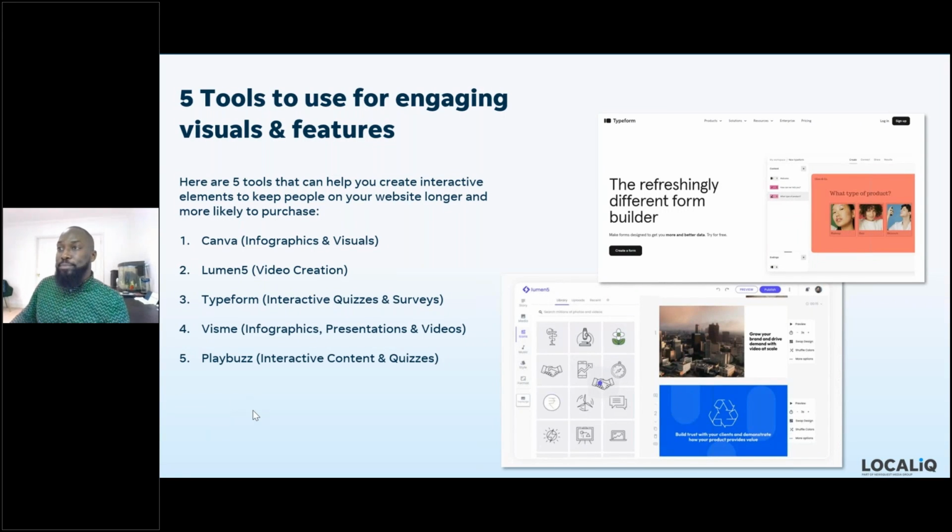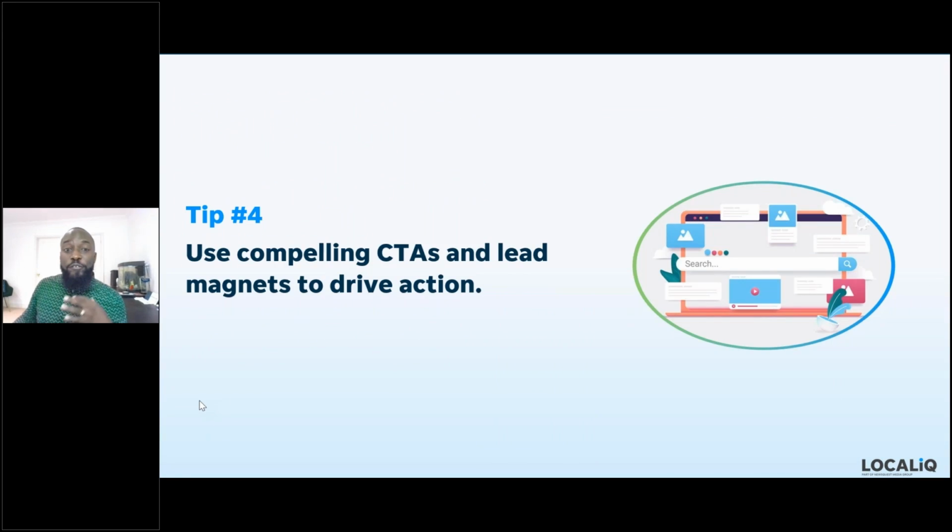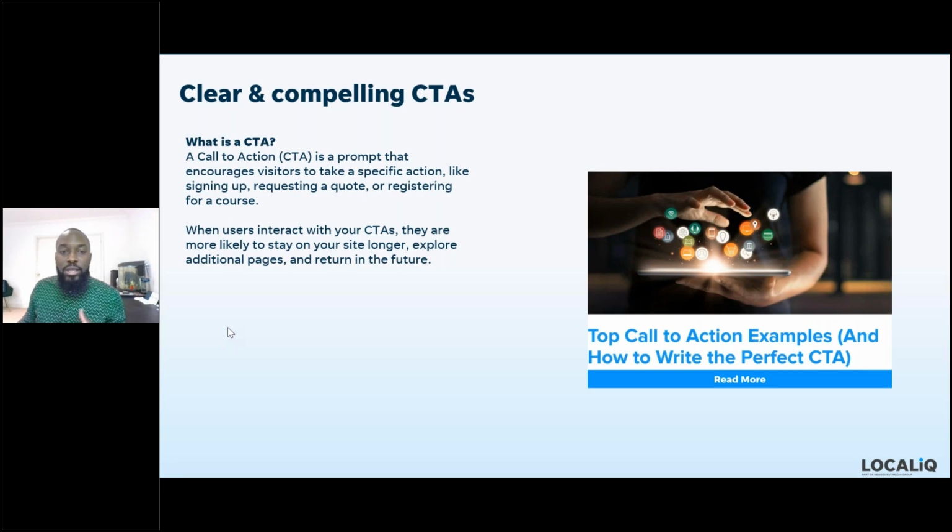visitors to leads. All right, so the final fourth tip that we're going to talk about today and how you can use content that you create to help your SEO and convert leads would be to make sure that you're using compelling CTAs and lead magnets as a part of your strategy to drive action among all the people that are coming to your website. Now, CTAs, again, calls to action.